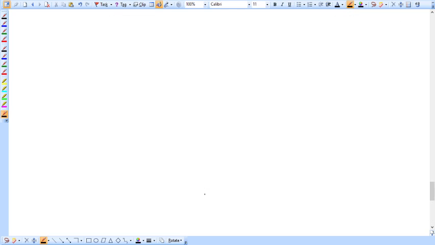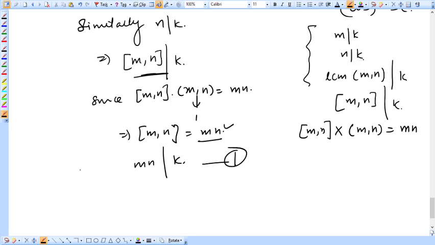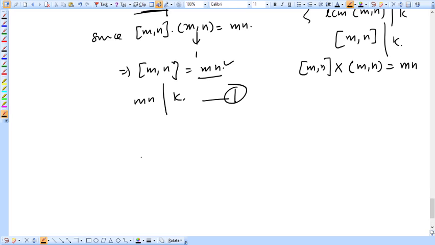Now secondly, remember this equation 1. Now secondly, we are going to prove that k divides mn.